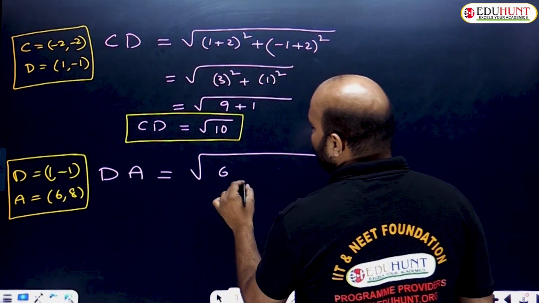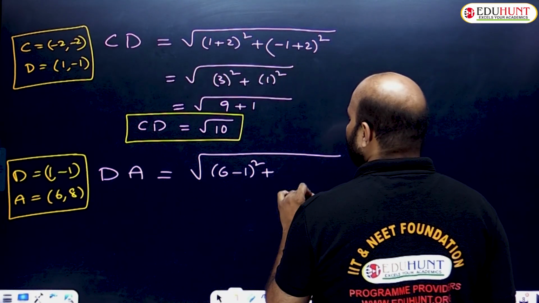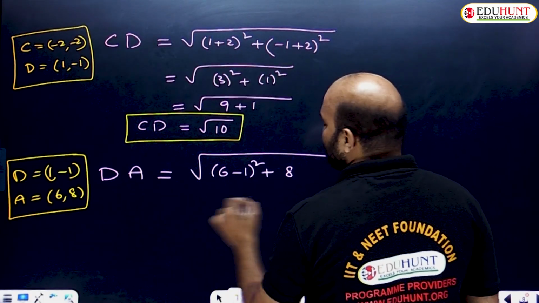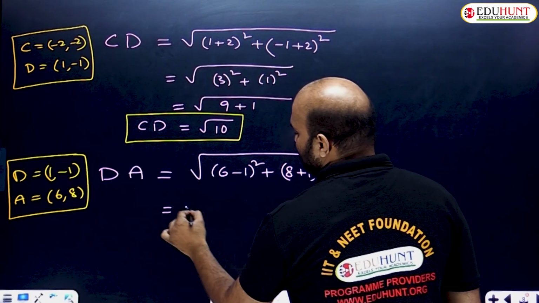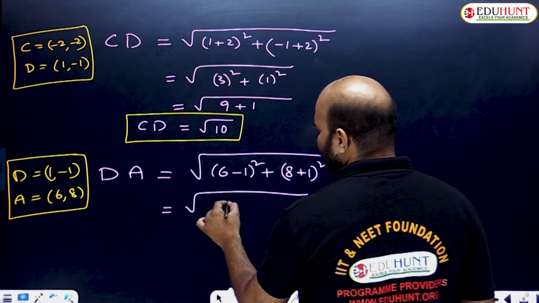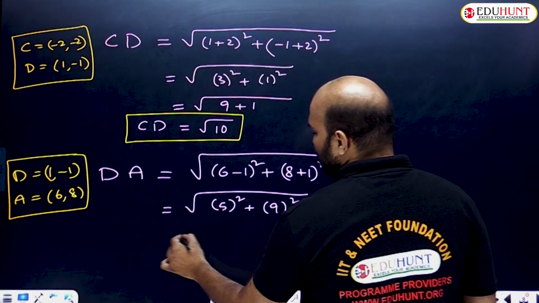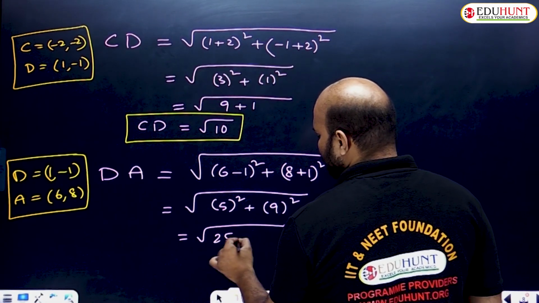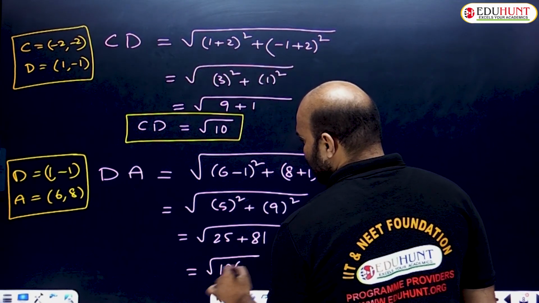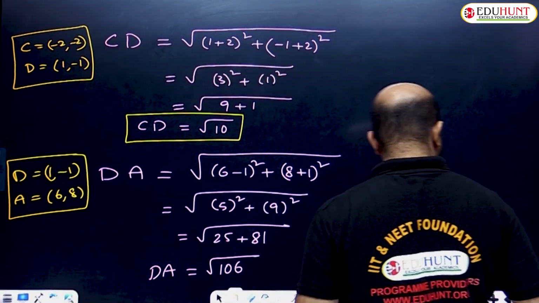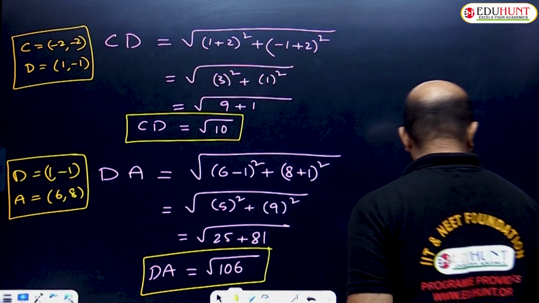So x2 is 6 minus x1 which is 1, whole square, plus y2 which is 8 minus y1, that is plus 1, whole square. So it can be written 6 minus 1 is 5 square plus 8 plus 1 is 9 square. 5 square is 25, 9 square is 81. So what is the value? Root 106. That is the DA distance. Am I clear?